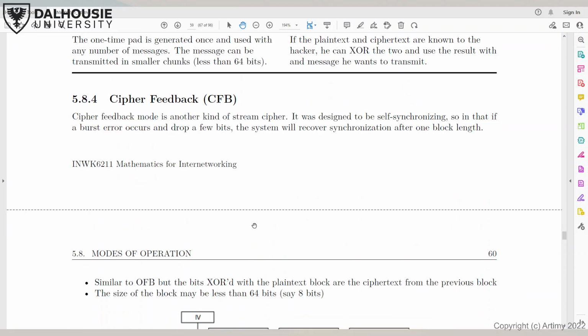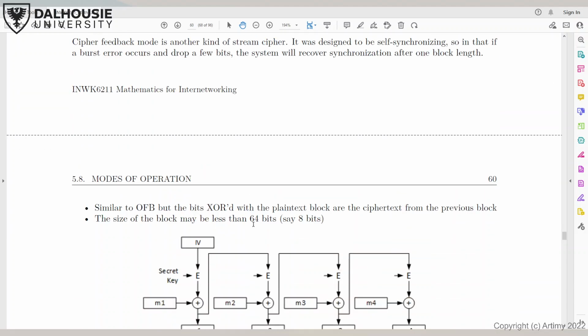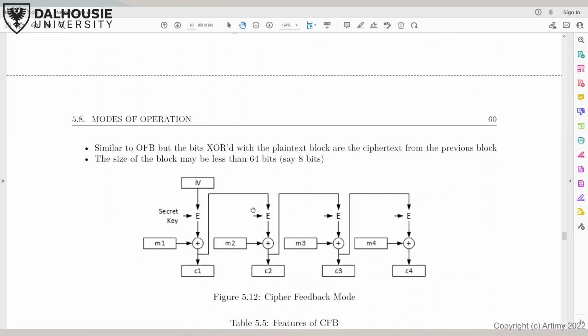Okay, so advantages. Well, we got rid of the problem where we can XOR the M1 and C1 and get the pad. We don't have this problem anymore, right? But we still have the issue of the chaining.